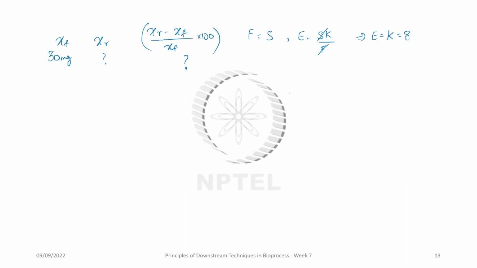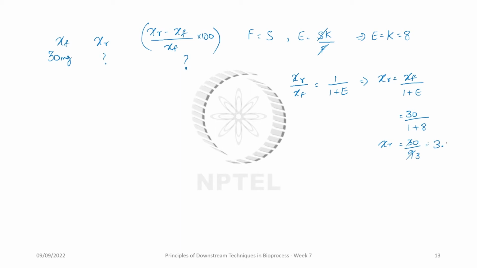All right. Now what do you have? XR by XF is equal to 1 by 1 plus E, or XR is equal to XF divided by 1 plus E. Today I'm not having a proper bench to keep my writing device, so my handwriting is a little bad. So XR is equal to 30 by 9, so I can take it as 10 by 3.